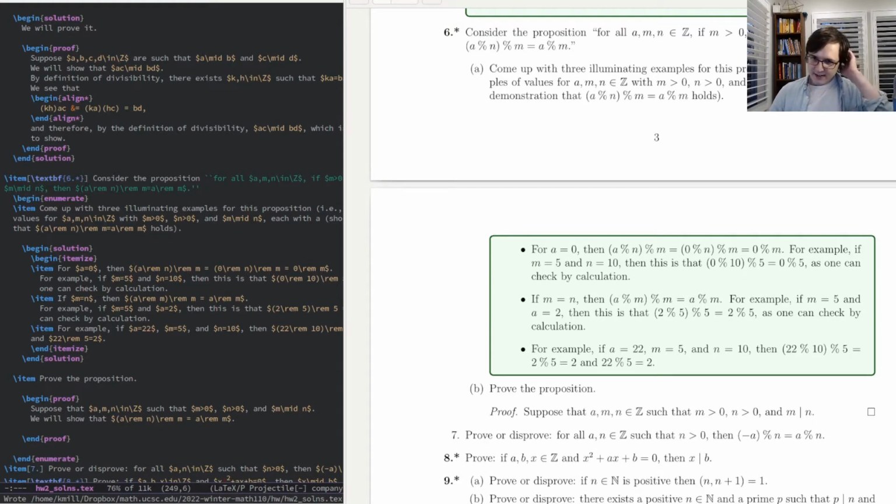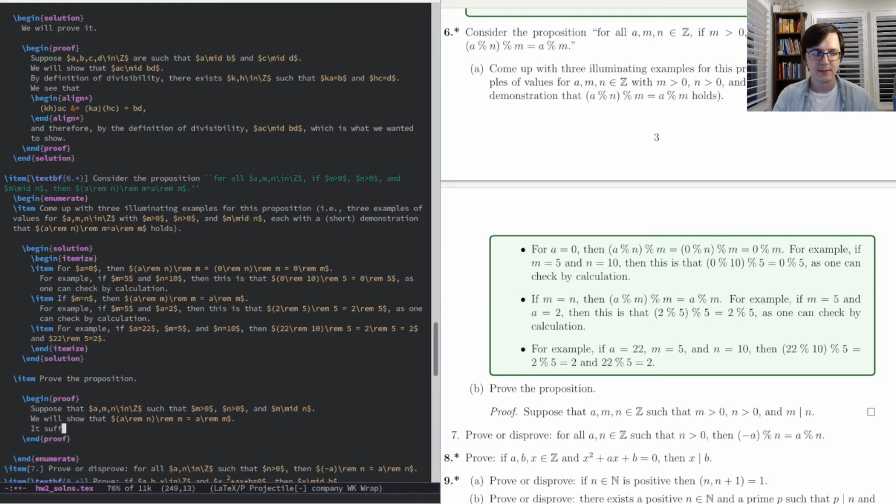For this, if I remember, it pays to think about how the division algorithm works. We want to show that this first number can stand in place of the second number.